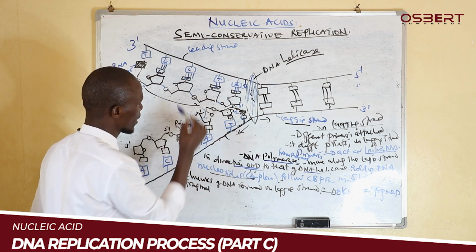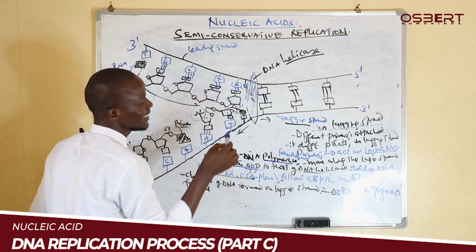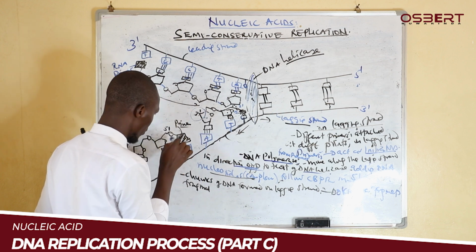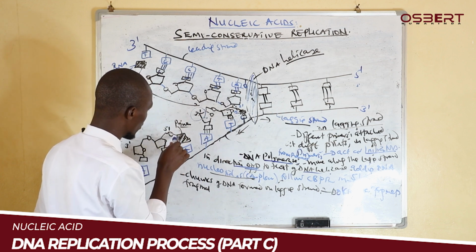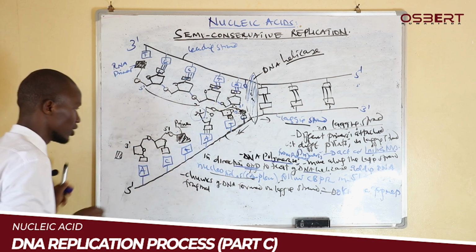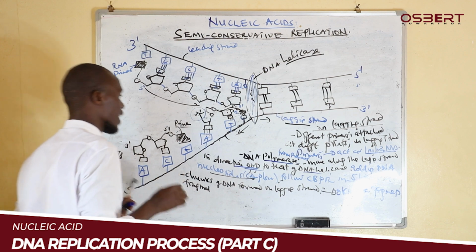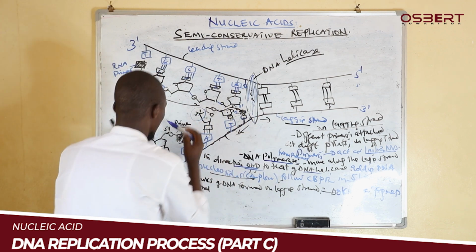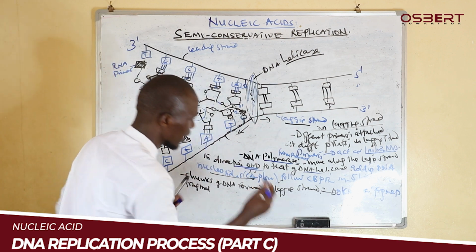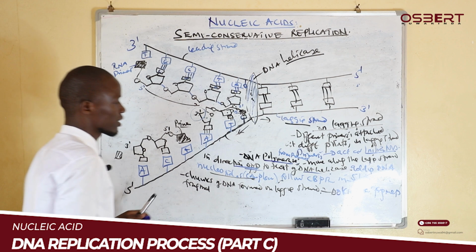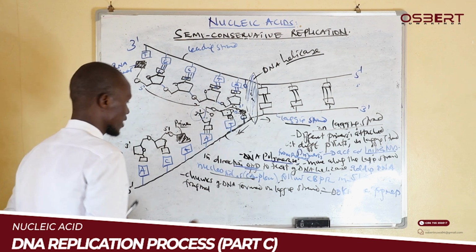Even when the primers are removed, the DNA polymerase cannot catalyze the combination of this carbon with the carbon that carries the phosphoric acid. It will not catalyze the formation of that bond. Because of that, we are going to have a chunk of DNA like that, and those chunks are called Okazaki fragments.